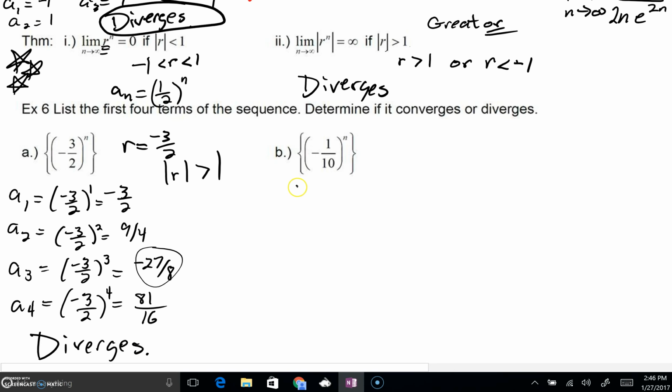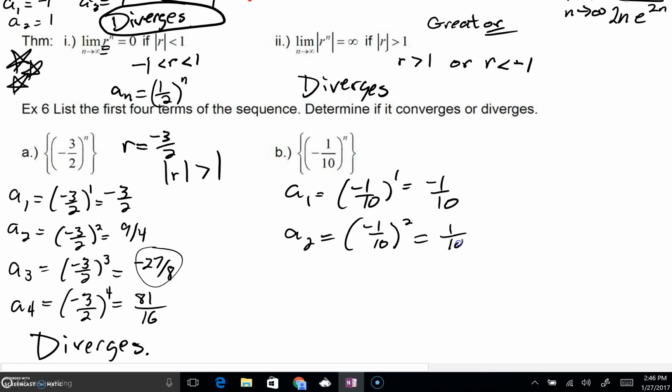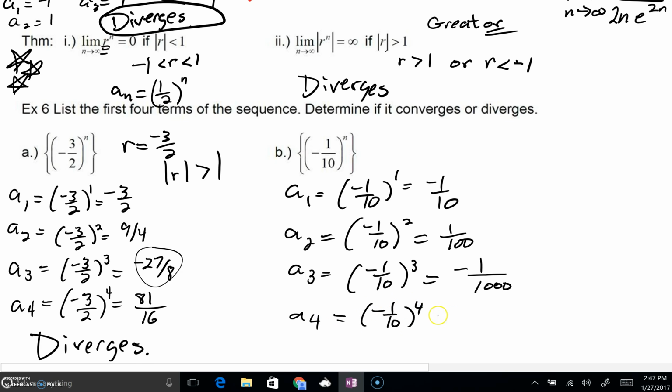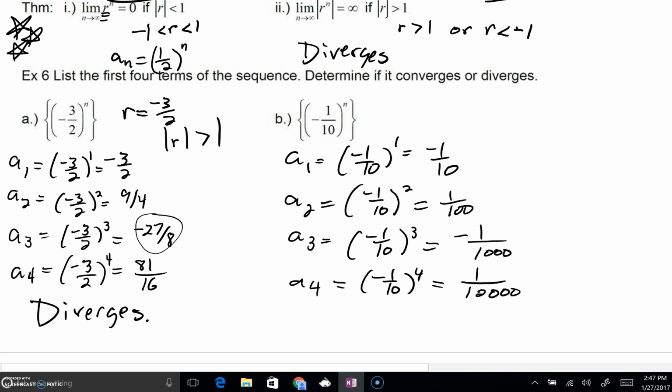By way of comparison, you come over here, a sub 1, well, negative 1/10 to the 1. Hey, that's negative 1/10. A sub 2, negative 1/10 squared. Well, that's 1 over 100. A sub 3, you get negative 1/10 cubed. Well, it's back to being a negative, but you'll have 1 over 1,000. And you get the idea. Raising up to an even power, you get something positive. I'm going to have 4 zeros down here. That's 1 over 10,000.